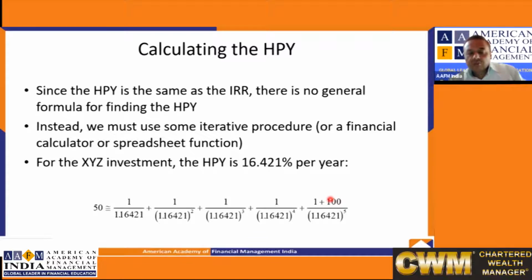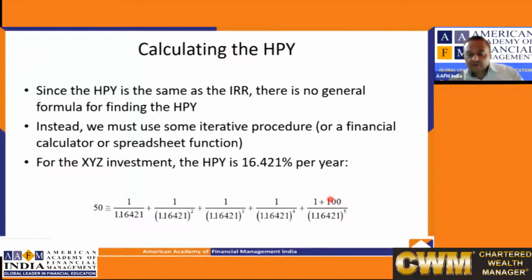So suppose after getting this 1 rupee, I was not able to invest it at 16.42% but only 12%. If I find out the IRR assuming that the reinvestment was done at 12%, the resultant IRR would be called the modified IRR.